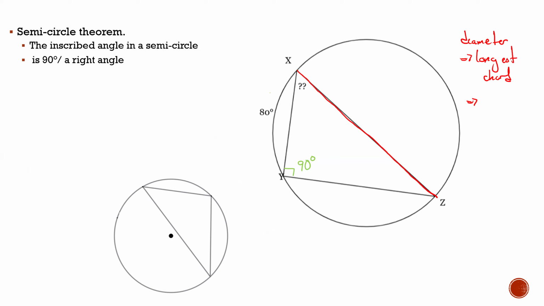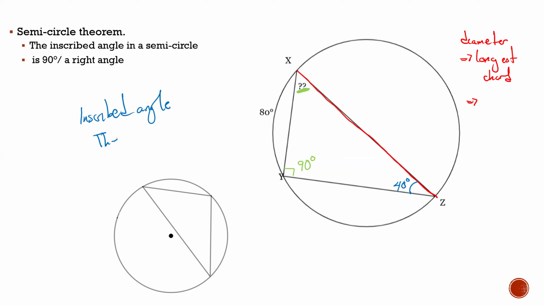Okay, but we're still looking for this angle here. How do we go about that? By looking at this, I can say that this angle, let me use a different color here, is 40 degrees. Why? Because I applied what you call the inscribed angle theorem.